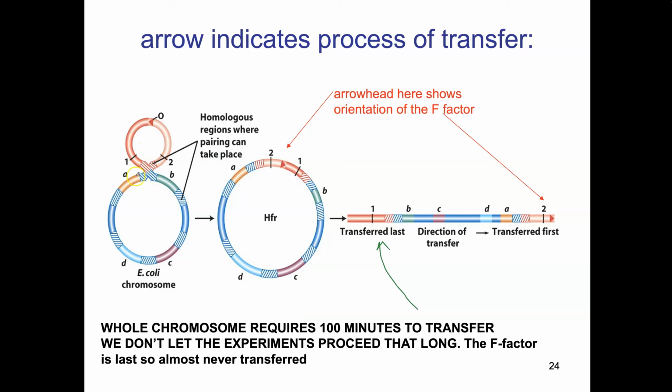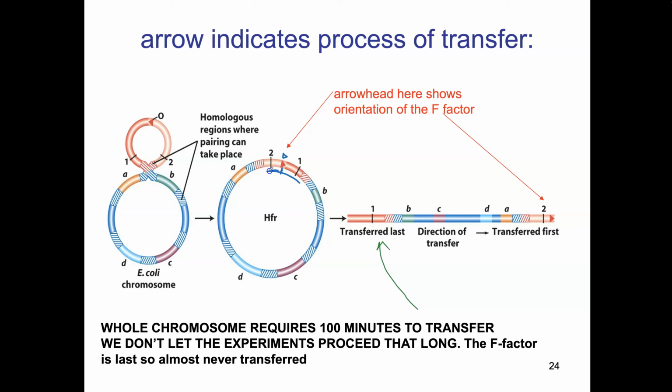The F factor incorporates into the bacterial chromosome, and it creates an HFR strain. The F factor is indicated this way. And the little arrowhead is really important when you see this symbol, because it means that this is the DNA that's going to be cut and fed into the recipient cell first.